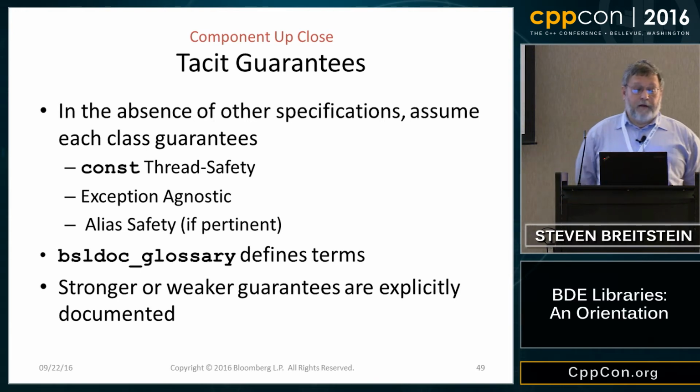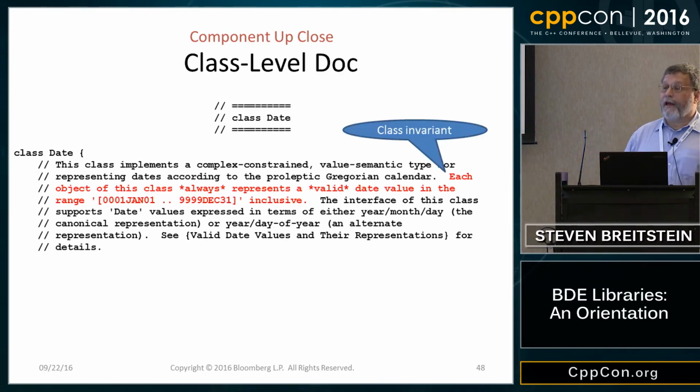Okay. That the methods are exception agnostic, to be defined shortly, that things are alias safe if that's pertinent. And this is all true for this class, even though we did not say it.